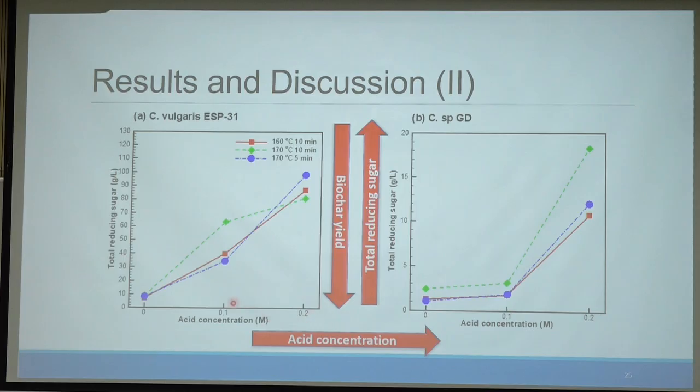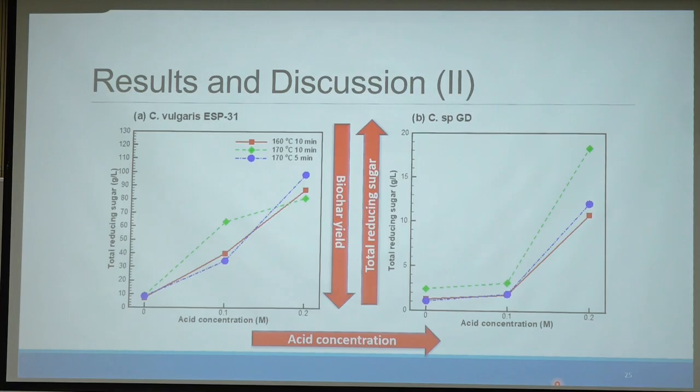At the same time, in this study, we analyzed the total reducing sugar. We found that the total reducing sugar is increasing. Why? Because the previous study showed that if we go through wet torrefaction, under acid hydrolysis the carbohydrate content will be converted into reducing sugars, such as glucose.